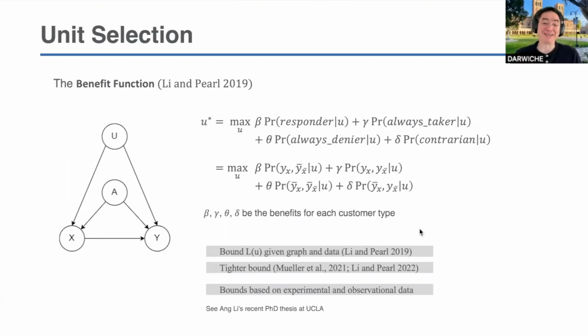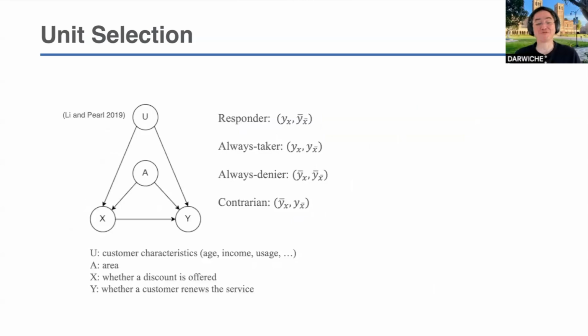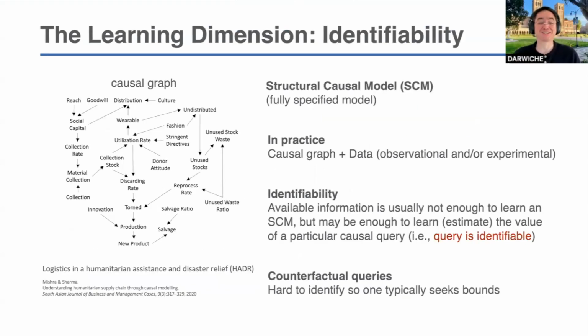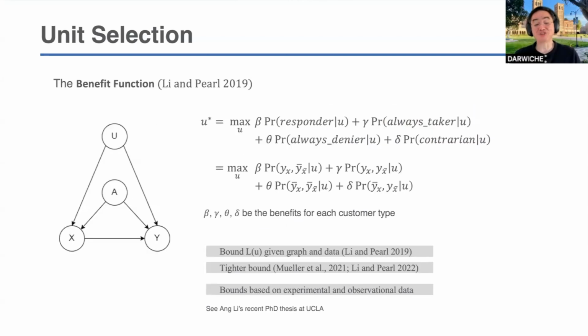But here's the interesting thing, and that goes to the relevance of this slide here, where I talk about the learning dimension. The focus of the work was on evaluating this. Now, if you want to optimize this, you want to be able to evaluate it. If you want to evaluate it and get point values for it, you need a structural causal model. But there is no structural causal model. There is only data.